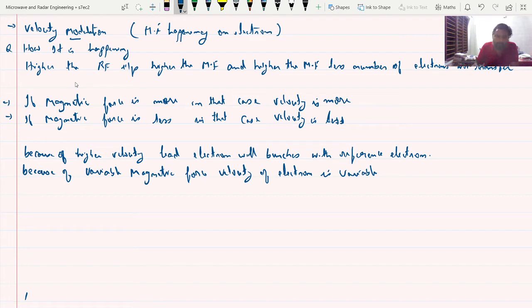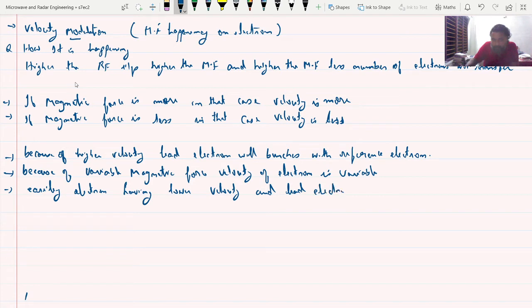Okay, and early electron having lower velocity and lead electron having higher velocity. So what happens? Electron will bunch.